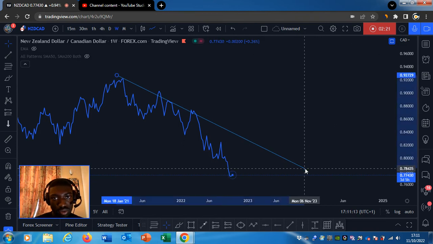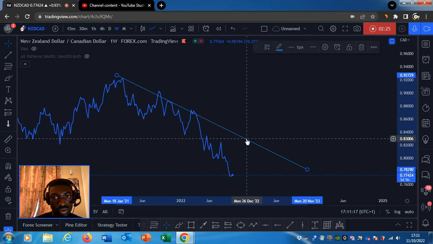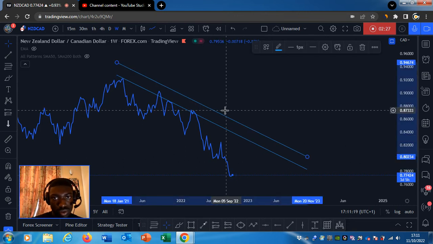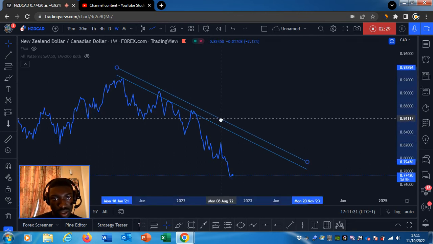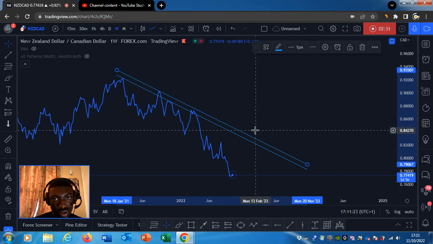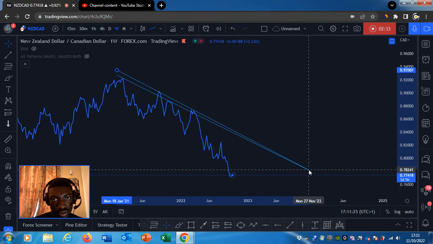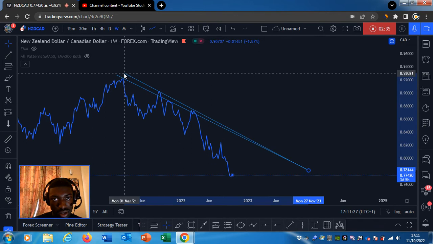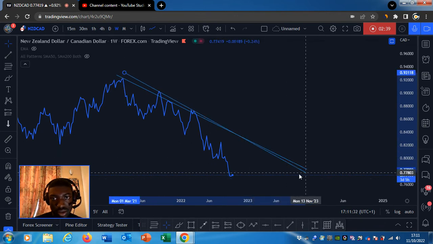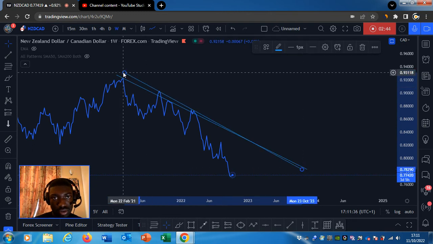So this is how a lot of traders draw the trend line. For example, you can see we have this touch and that touch here. There are different ways to draw your trend line, but I'm going to start off with the basics.